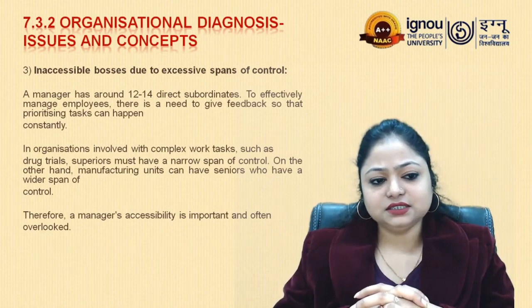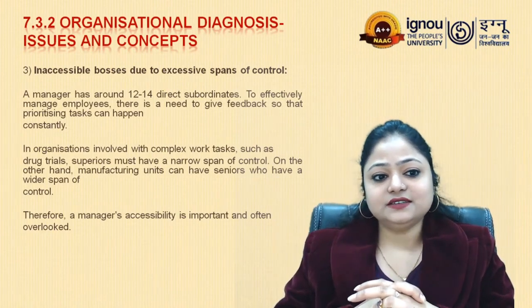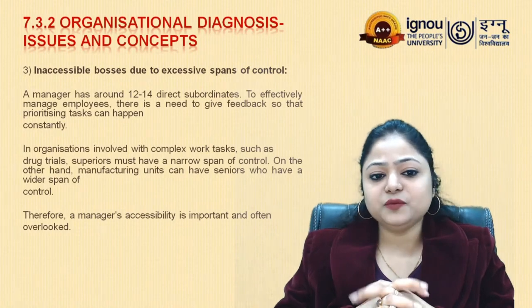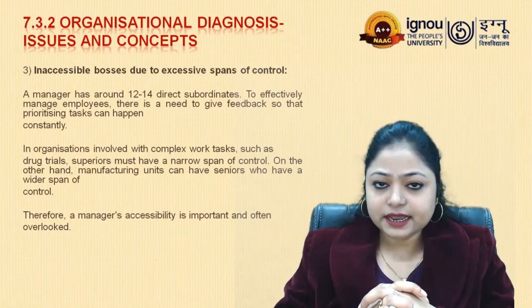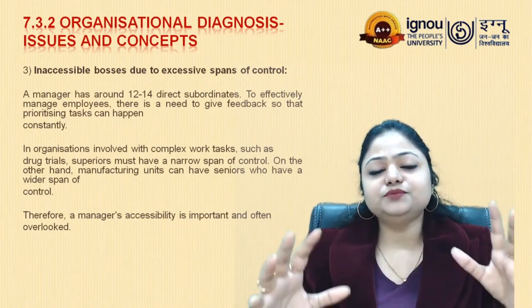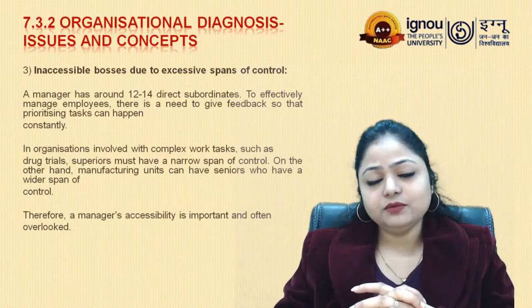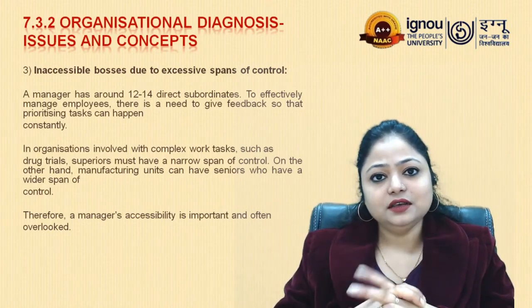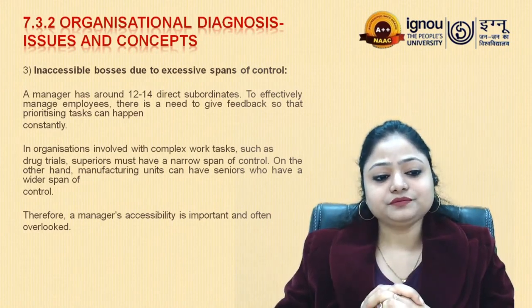So in an organization that involves complex work tasks such as drug trials, superiors must have a narrow span of control. On the other hand, a manufacturing unit can have seniors who have a wide span of control, where there's less requirement of supervision and direct orders and directions being given.